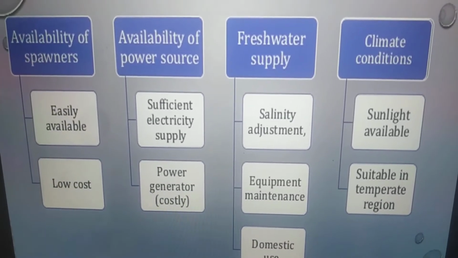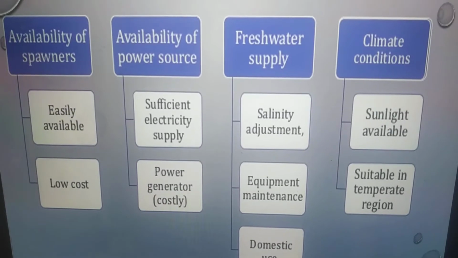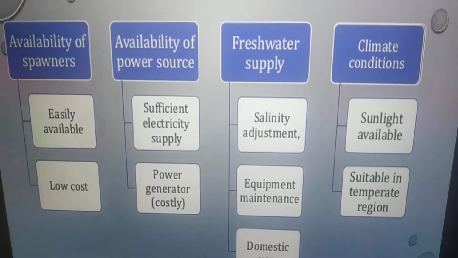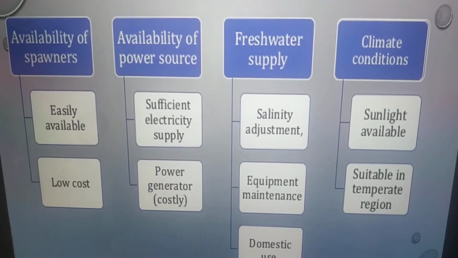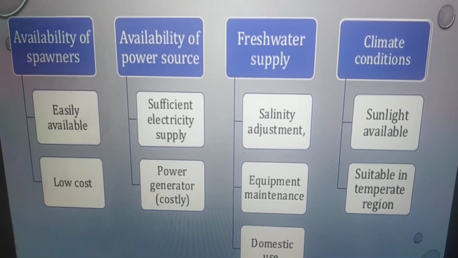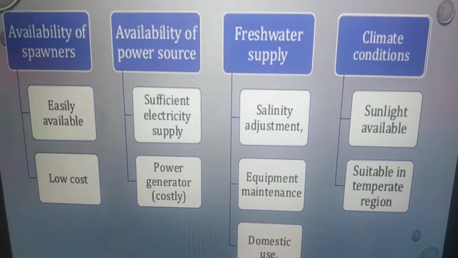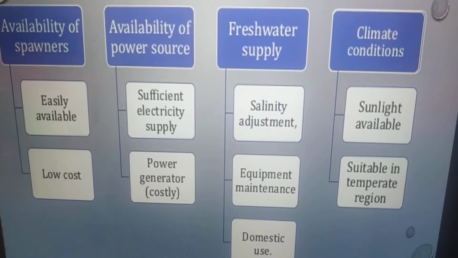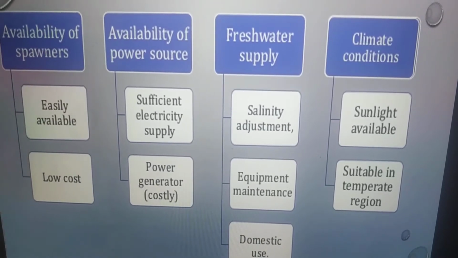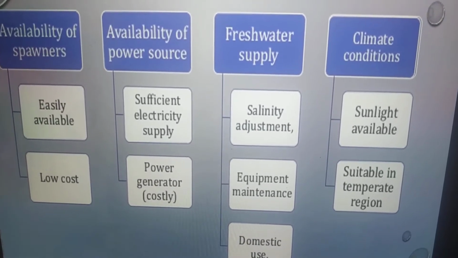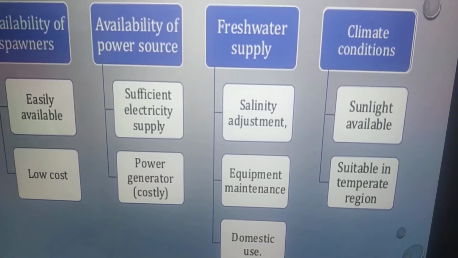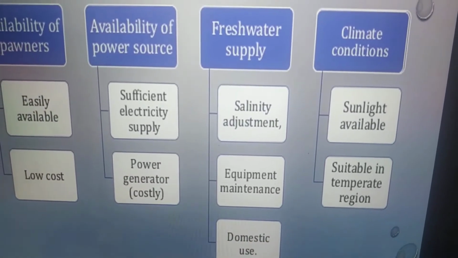If there is an electricity failure, you have to give aeration through a power generator, and we know that compared to electricity, a power generator is costly. Freshwater supply: you have to select the site which always supplies fresh water, because fresh water is necessary for salinity adjustment, equipment maintenance and domestic use.